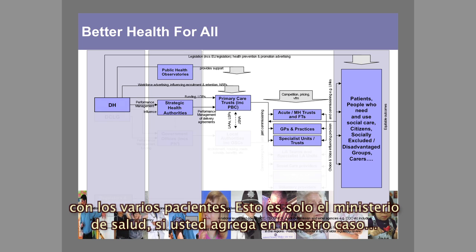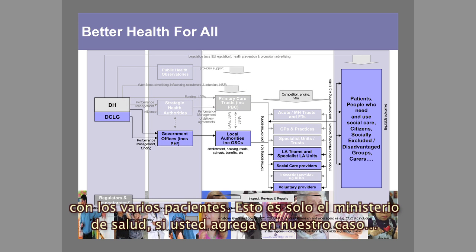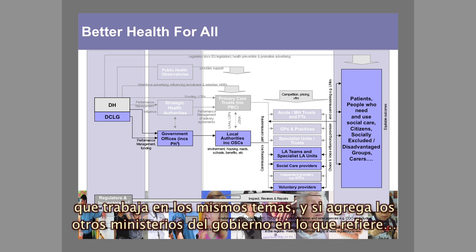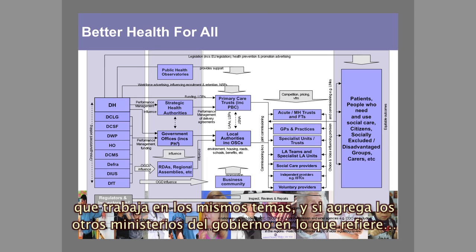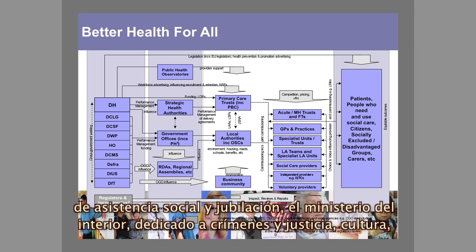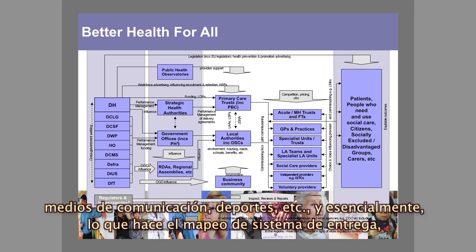That's just the Department of Health. If you add, in our case, the Department of Communities and Local Government, you have a different set of organizations that work on exactly those issues. And then if you add the other government departments, in terms of better health for all, you have the Department of Health, Department of Communities, Department for Education, Department of Welfare and Pensions, the Home Office, which is in terms of crime and justice, culture, media, sport, and so on.